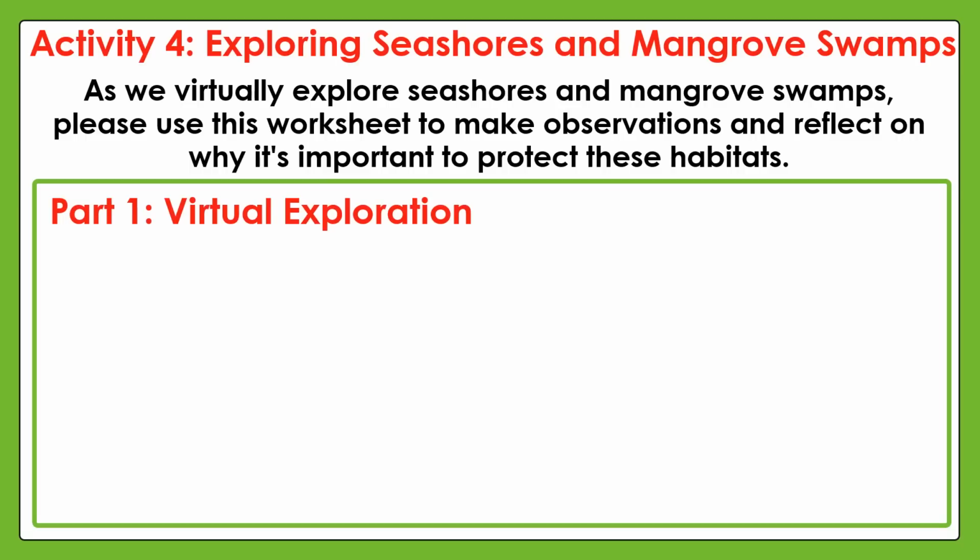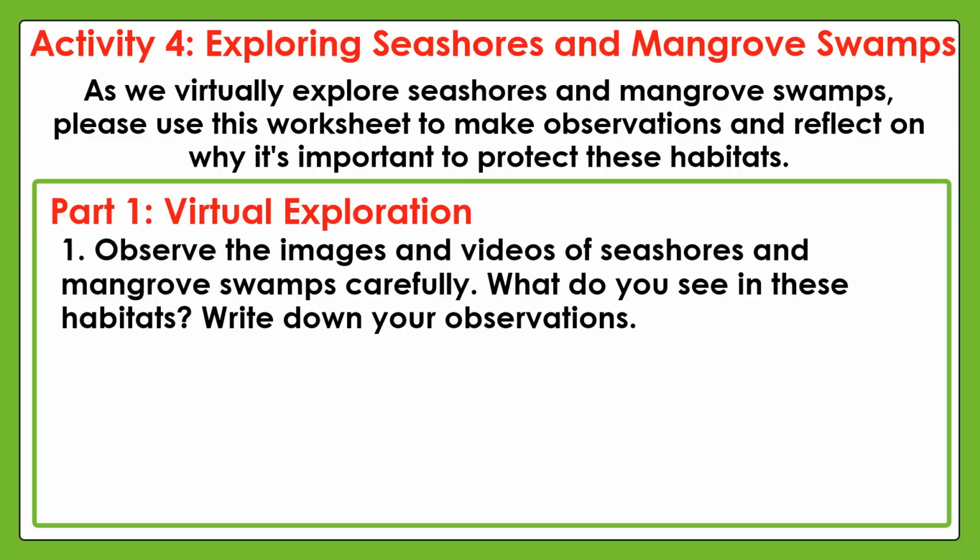Activity 4. Exploring seashores and mangrove swamps. As we virtually explore seashores and mangrove swamps, please use this worksheet to make observations and reflect on why it's important to protect these habitats. Part 1. Virtual exploration. 1. Explore the images and videos of seashores and mangrove swamps carefully.